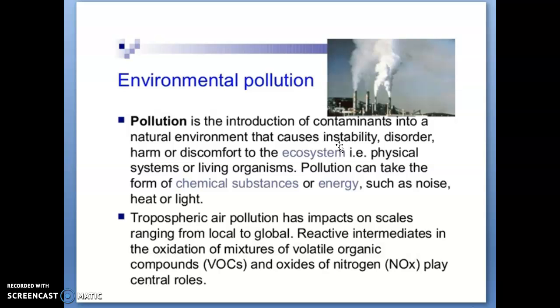It is nothing but the different contaminants present in the environment that cause instability or harmfulness to the ecosystem. Ecosystem includes physical systems or living organisms. Energy means we can see noise pollution, heat pollution, likewise.